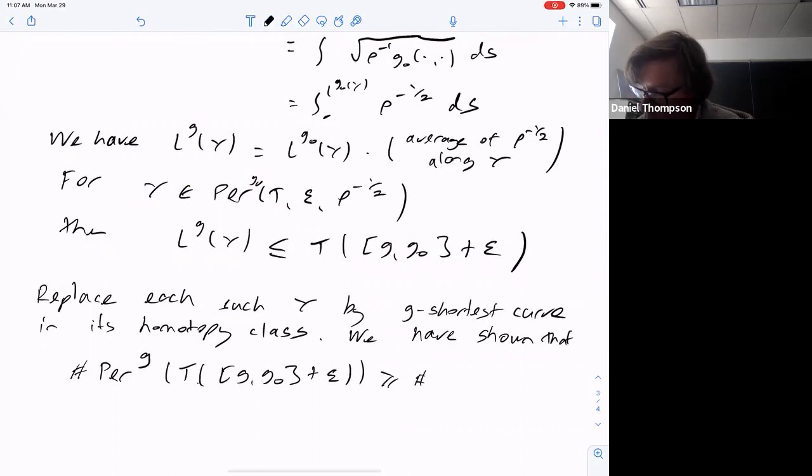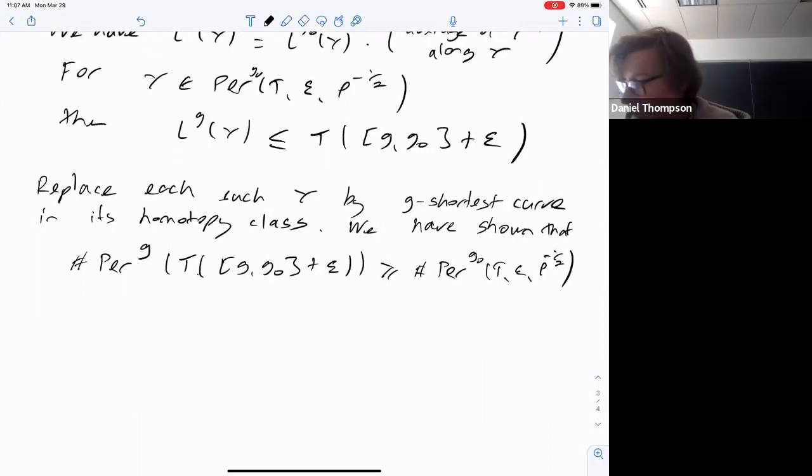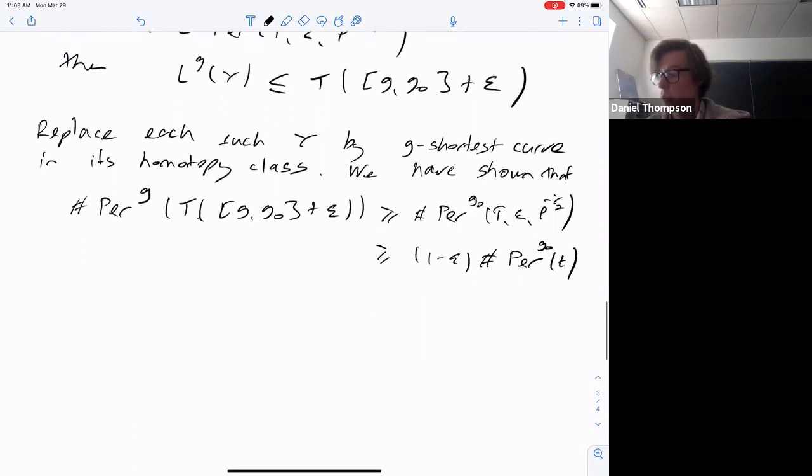Well, I was building different ones for different inputs, so the amount I just built was bigger than the number of G0 closed geodesics, which looked like rho minus 1/2. And as we saw, we have a uniformly positive proportion of these. So we just built lots of them.